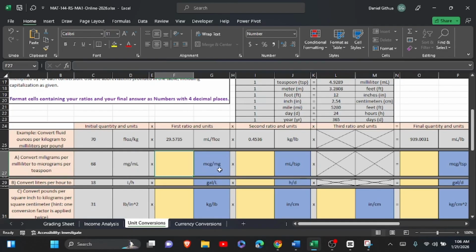milligrams. So the first thing we do is to check, we want to cancel out what? We multiply a value here, or we divide a value to get microgram per milligram.